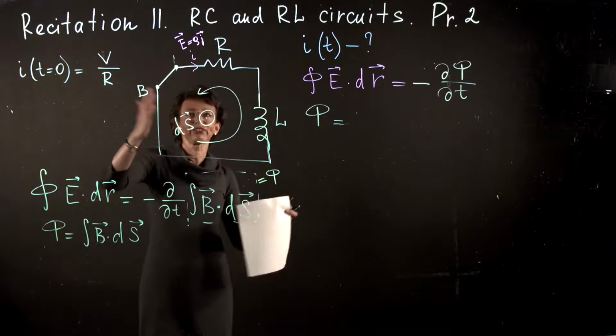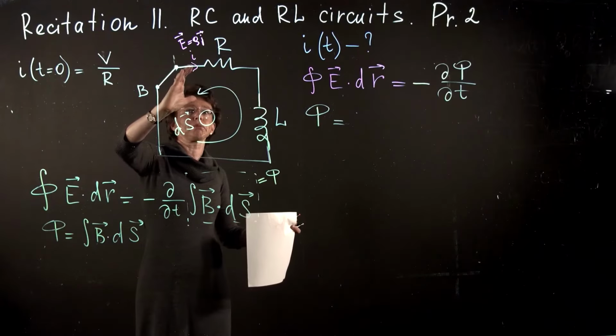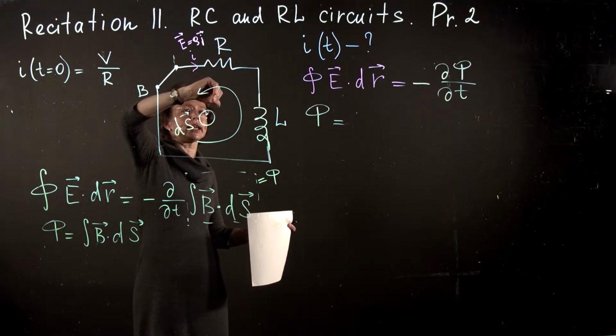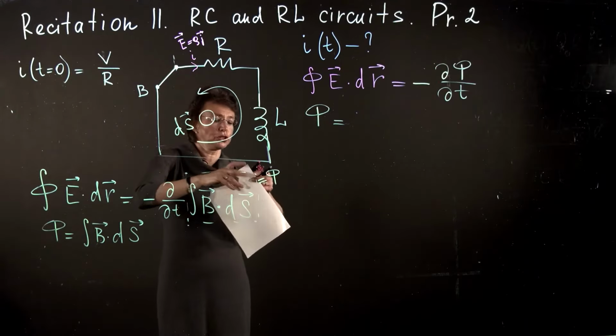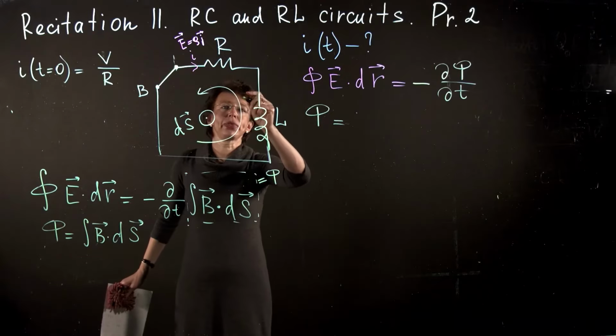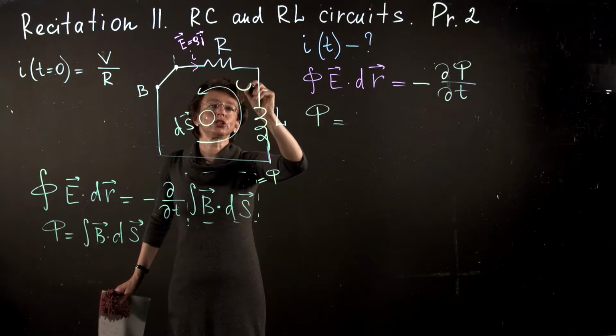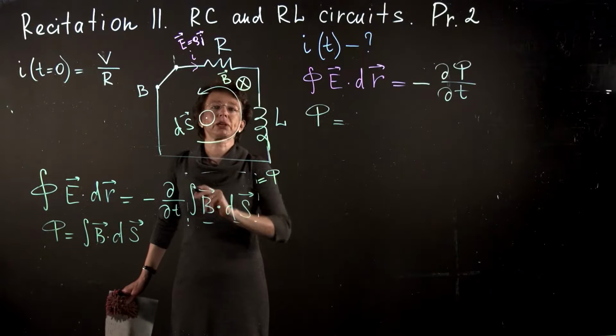I use my left hand, ironically, because you see my mirrored image. So I bend my fingers along the current, and my thumb shows me the direction of the induced magnetic field. So B induced by this current is into the page. This is the direction of the magnetic field.